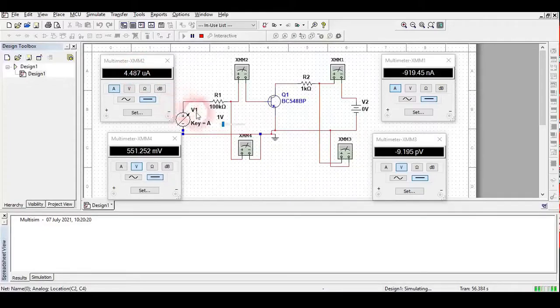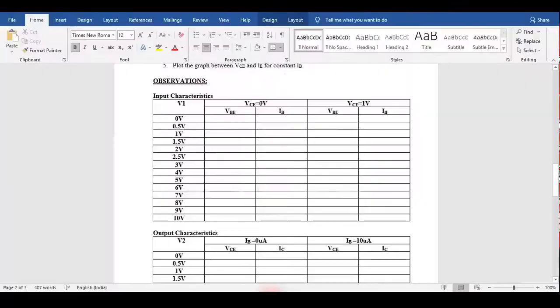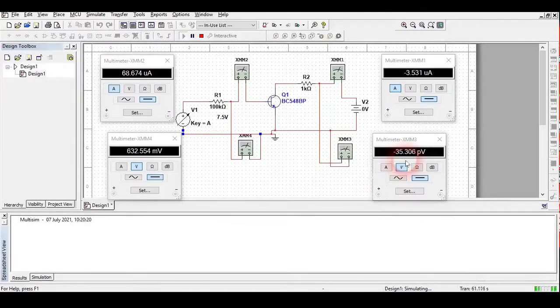Just move it up to 5 to 6 volt or 7 volt. Even up to 7.5 volt you are seeing this VC is in picovolt only, so we are not going to consider this value. We will consider it at 0 volt only, as VC is 0 volt. We are considering this value of 35 picovolt as 0 volt because it is very low.